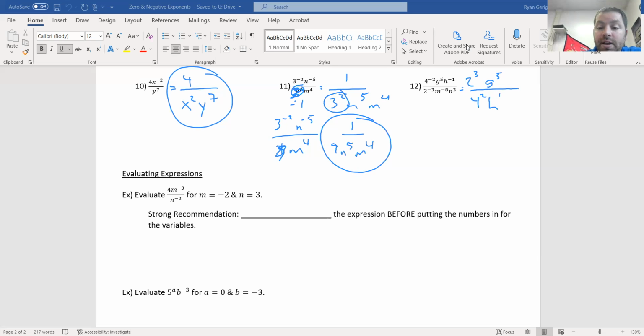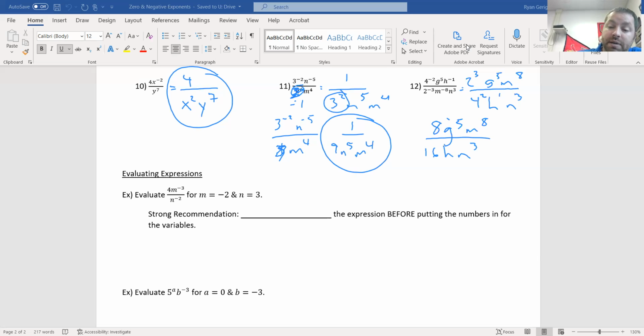It's helpful. M, not happy on bottom, it's going to go to the top. And n, good on the bottom. Now I need to simplify. 2 to the 3rd is 8. G to the 5th, m to the 8th, over 4 squared is 16, h to the 1st, or you can just write h, n to the 3rd.